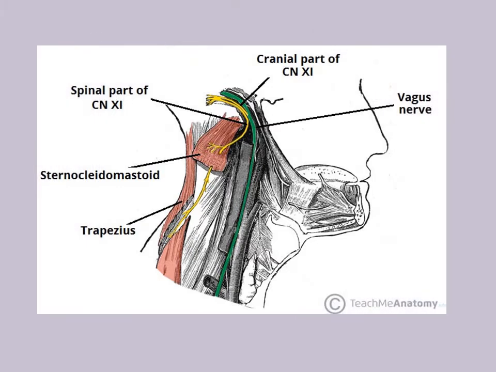So this is a slide showing the anatomy of the spinal accessory nerve, the sternocleidomastoid, trapezius, cranial part of cranial nerve 11, and the vagus nerve.